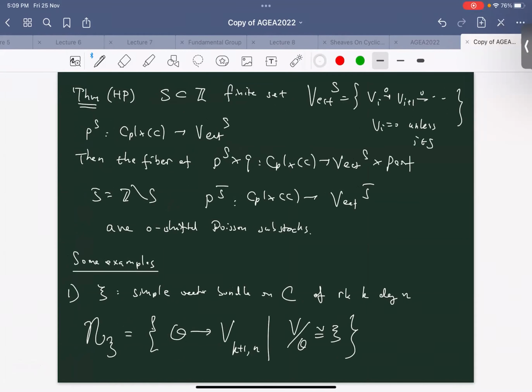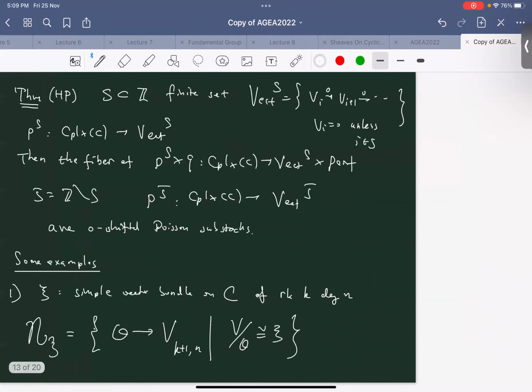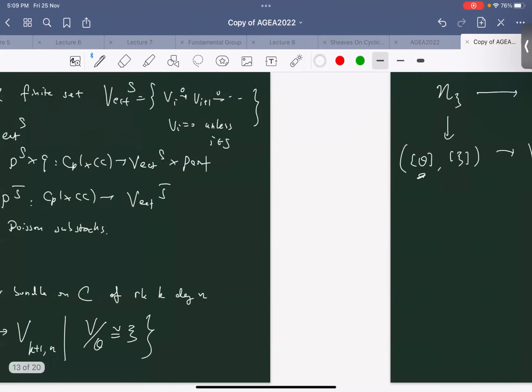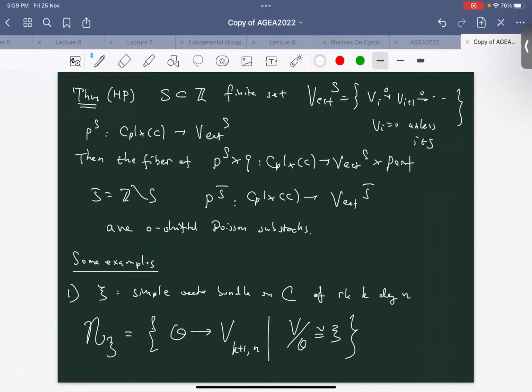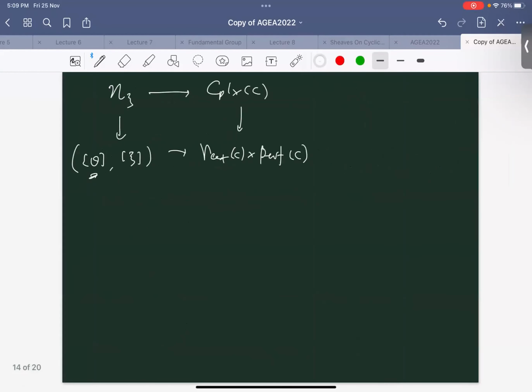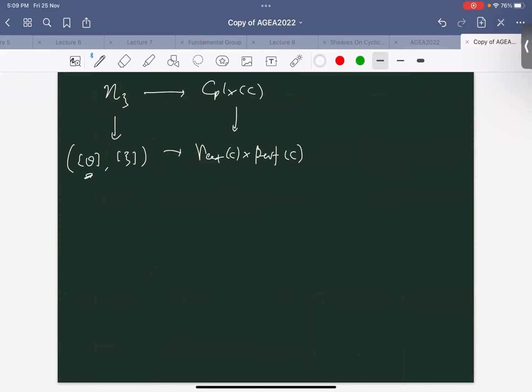I want the 0 position to be O, which is fixed, and I want the quotient to be C, which means I want it to be quasi-isomorphic to C. So I fix the Q map image, and then I take the homotopy fiber product.